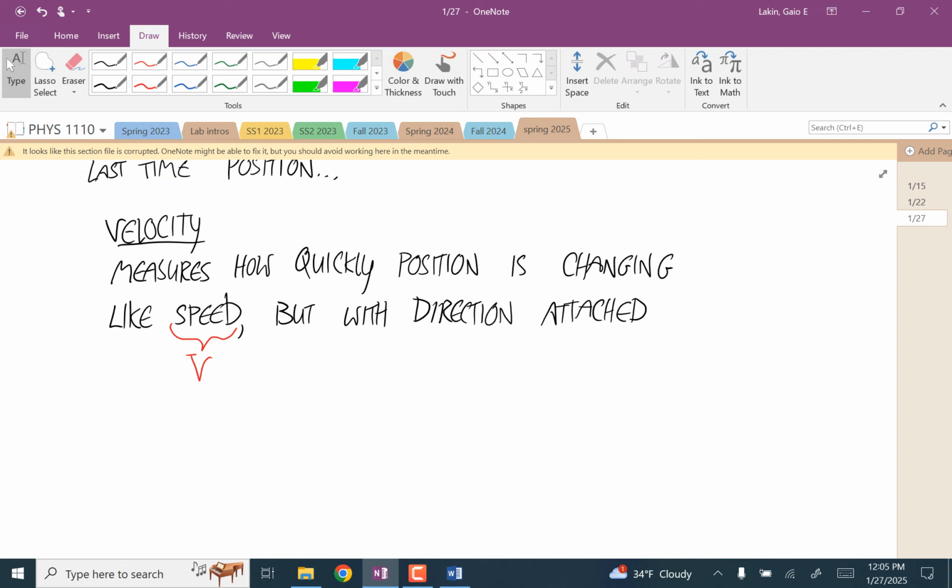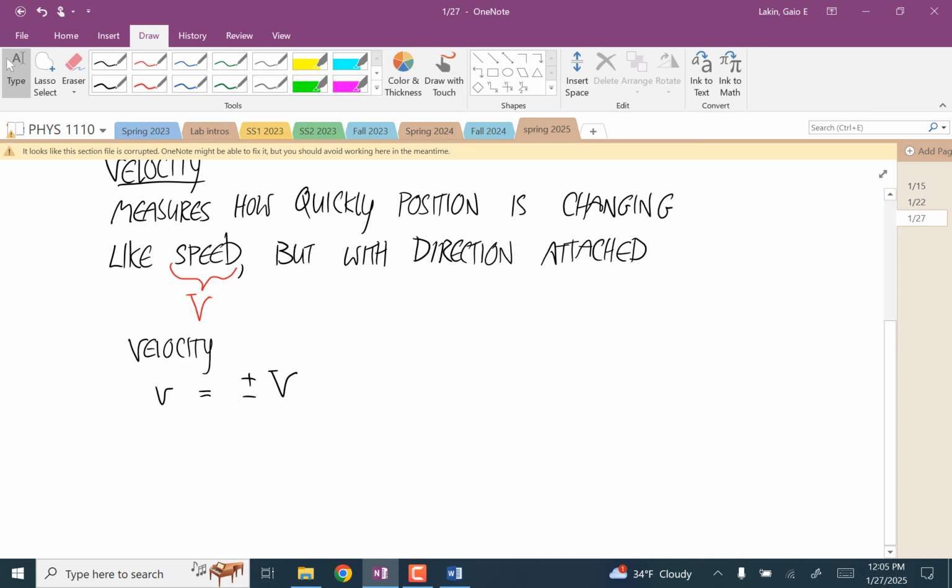Lowercase v is velocity. And so the velocity v is plus or minus the speed. And the sign of the velocity tells you which direction the thing is moving, tells you the direction of motion.